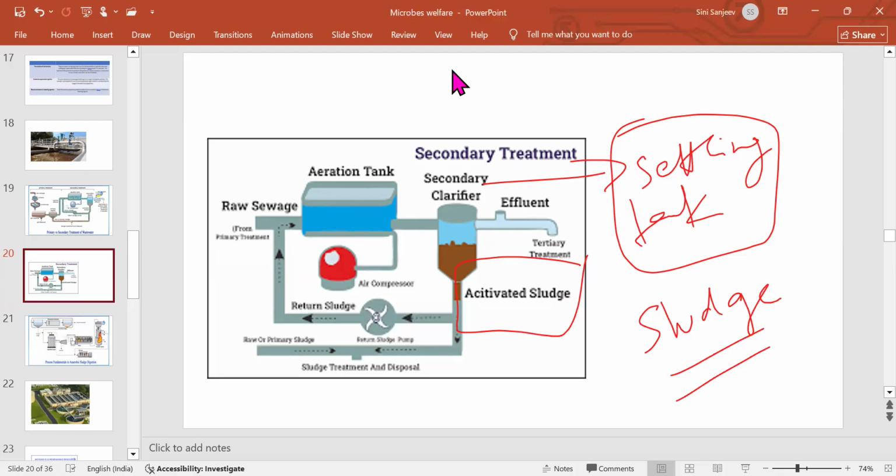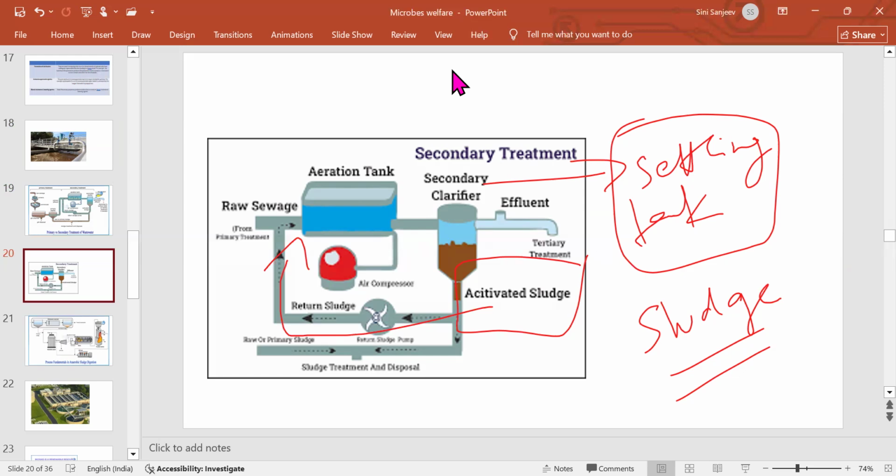Now, whenever the activated sludge is formed, a small amount is pumped back, as you can see in this again. This small amount acts as your inoculum so that for further batches that come, the microorganism starter culture will already be present.